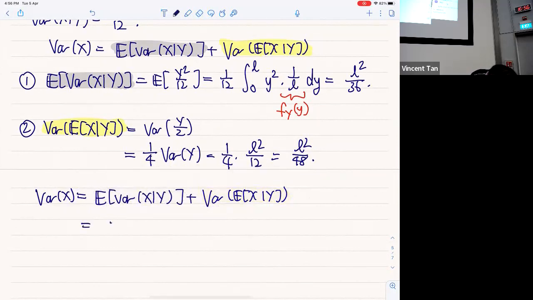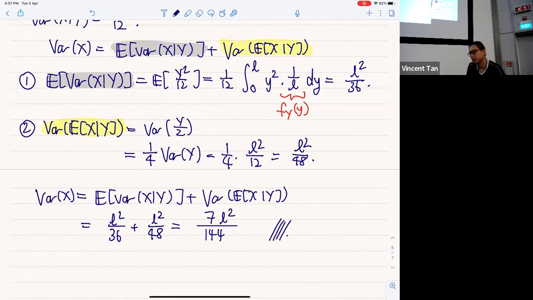And this is L squared over 36 plus L squared over 48. I'm not very good with these things, but this is something that you cannot guess from the beginning, because you need to do some calculation. All right, I think it's 7.